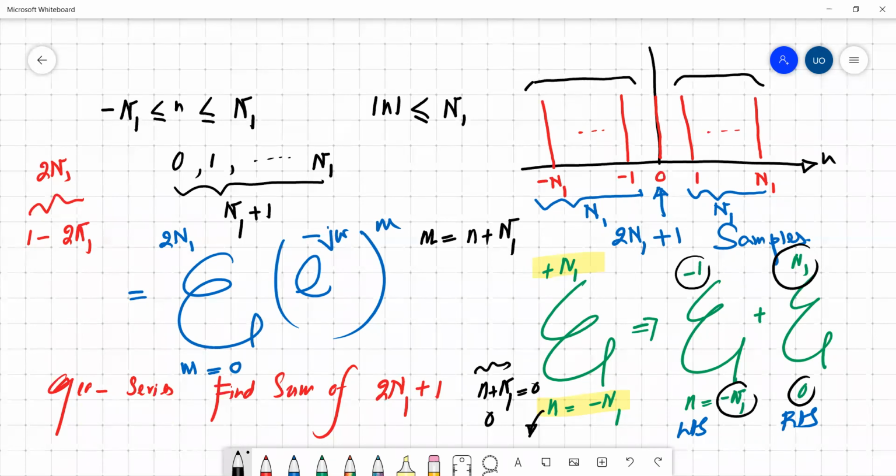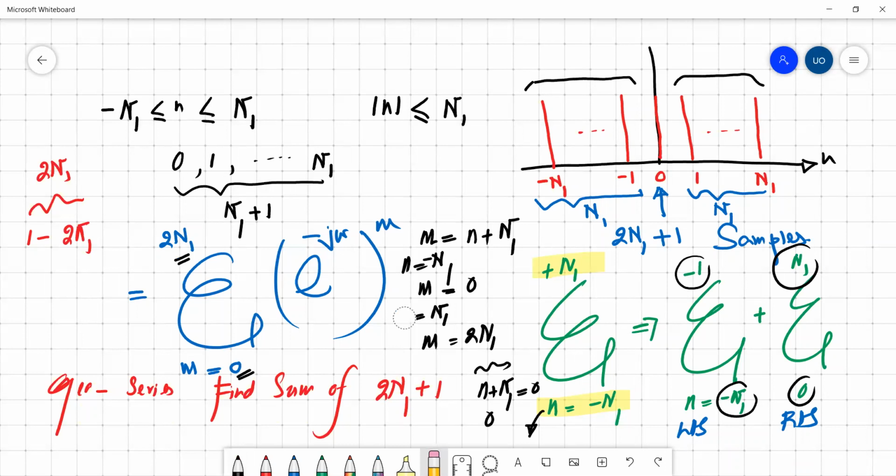So this is the substitution. Then if this n is capital minus capital N1, now your m is actually 0. So the lower limit of this new index m is 0. The upper limit of the new index is actually 2N1. So that's why we have 0 here and 2N1 here. I hope it's clear.